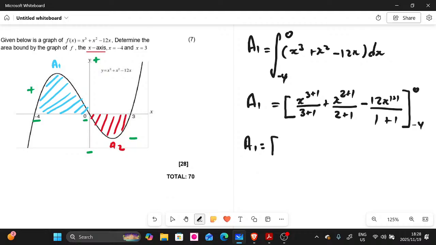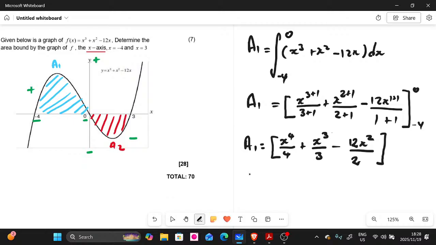For area 1, the first bracket is for the upper limit, which is going to be x to the power of 3 plus 1, which is 4, divided by 4, plus x to the power of 2 plus 1, which is 3, divided by 3, and then minus 12 multiplied by x to the power of 1 plus 1, which gives us 2, divided by 1 plus 1, which is 2. And then we close the bracket there.